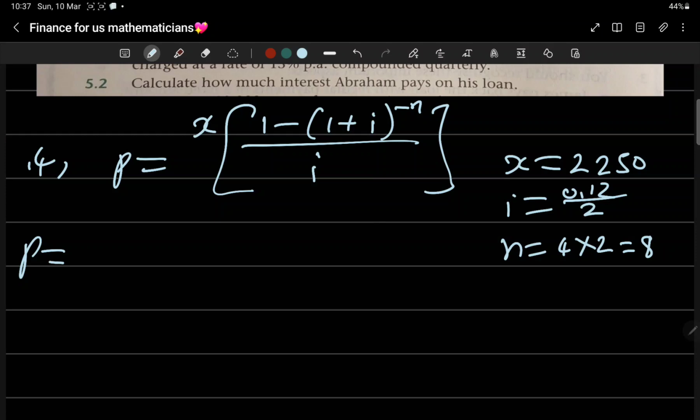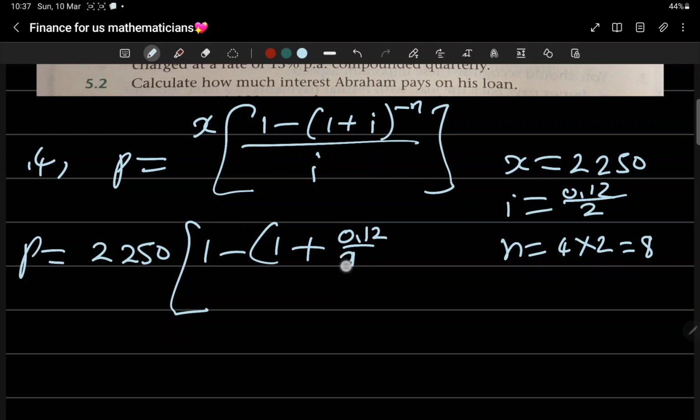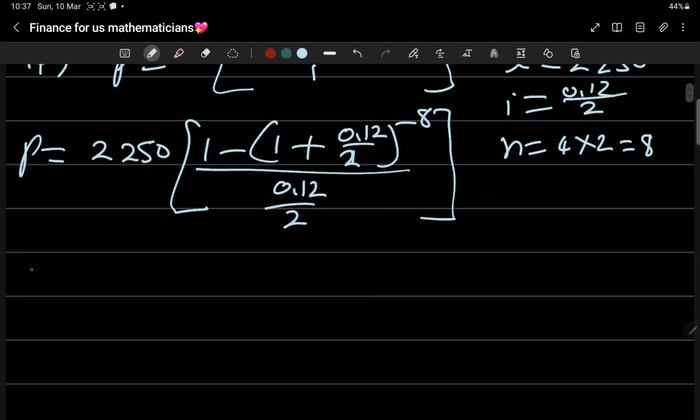P equals X, 2,250 times 1 minus (1 plus i), 0.12 over 2, to the power negative 8, over i, 0.12 over 2.